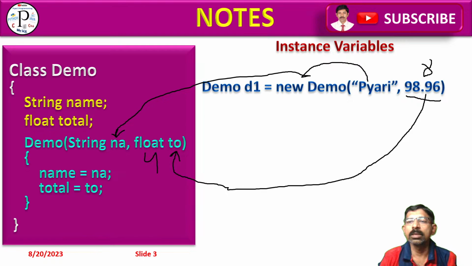So because of that reason, it is going to generate an error message. The modification is already given by the students, 98.96F. Is it clear? Good. Like this, we have 98.96 of type double, and it is being stored in float type. So that's why it is going to generate an error message.